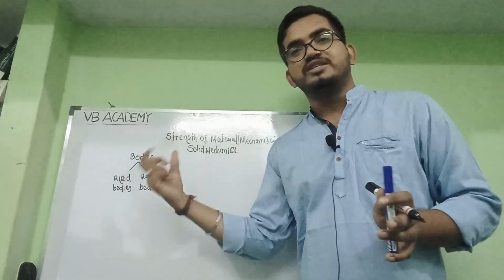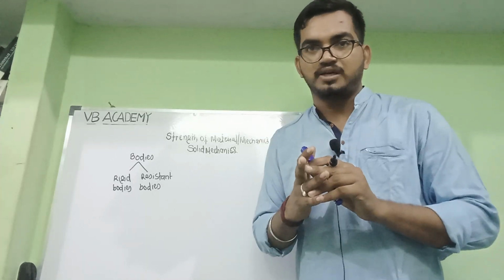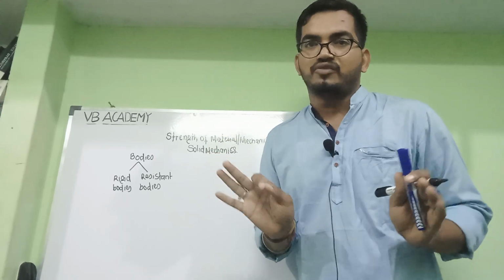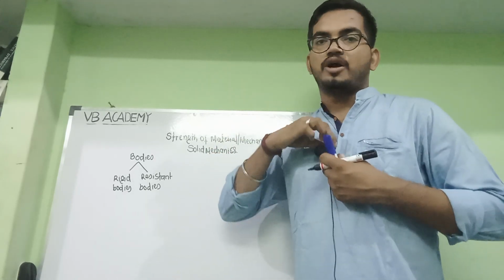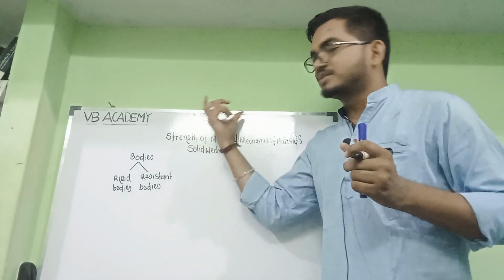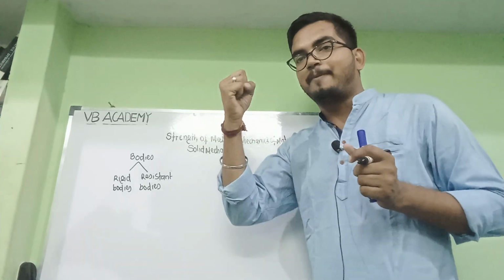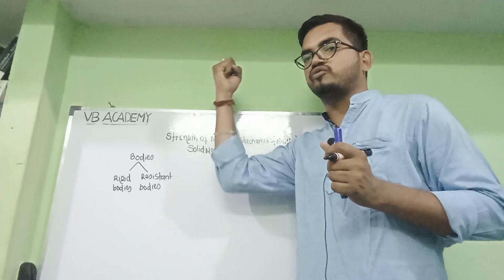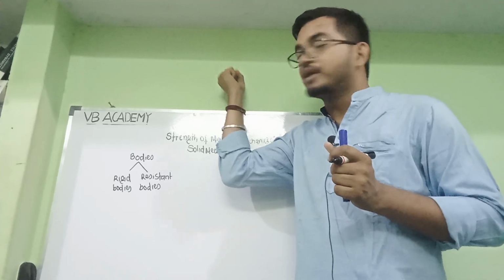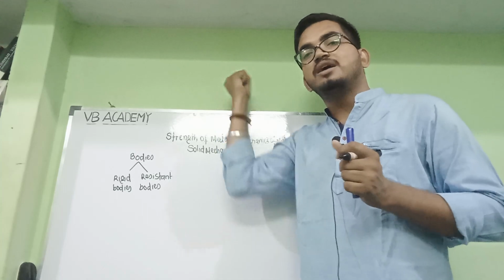No real rigid body exists in real life. Clear? No rigid body exists in the universe. So see here, this is the wall. I am applying force with my hand on this wall. No deformation will be there in this wall.